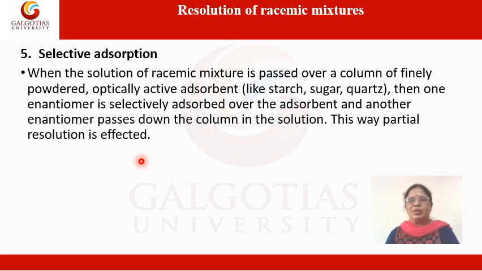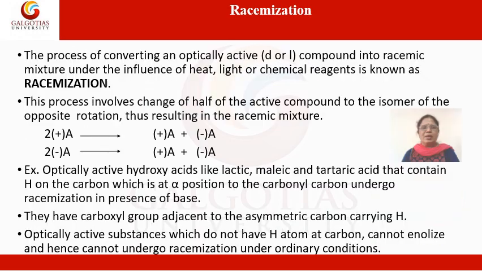In such a setup, upon pouring the racemic mixture onto the column, only one enantiomer will get adsorbed onto the adsorbent, and the other enantiomer will pass down the column into the solution. So the separation is easily done, as one enantiomer remains with the adsorbent in the column and the other passes out of the column.